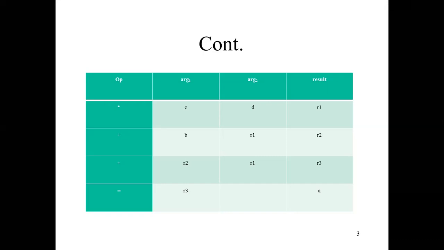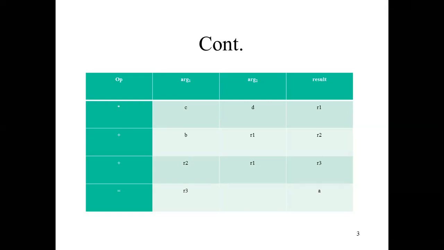So here the expression is C star D. In argument 1 we will write C, operand 1, argument 2 operand 2 D, and the result will go in R1. Here the temporary variable for the result is R1.